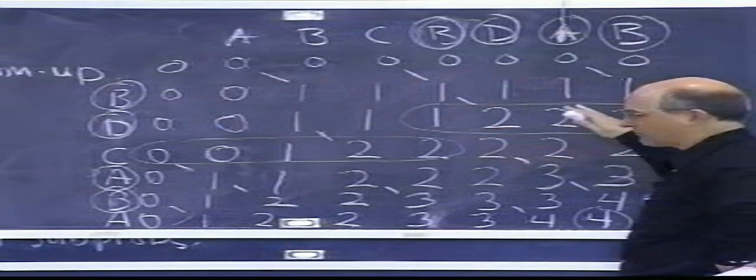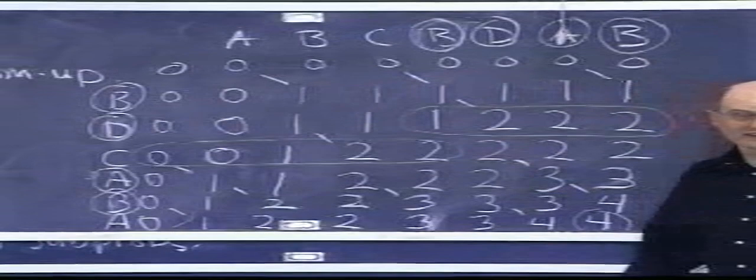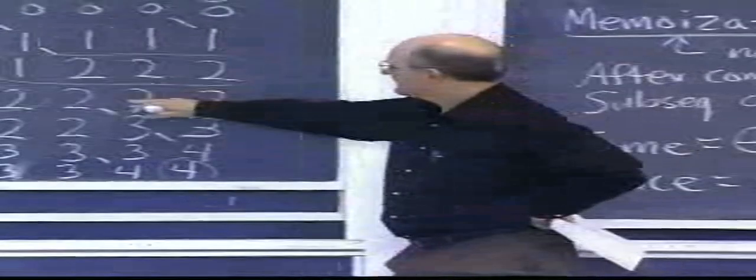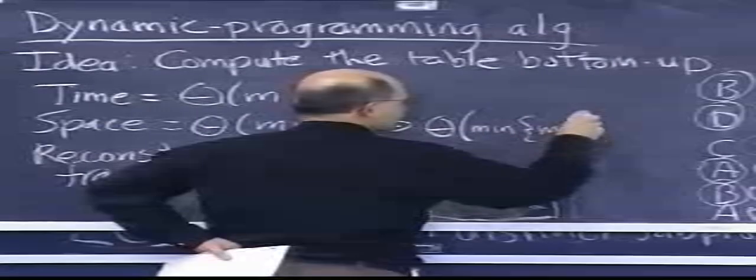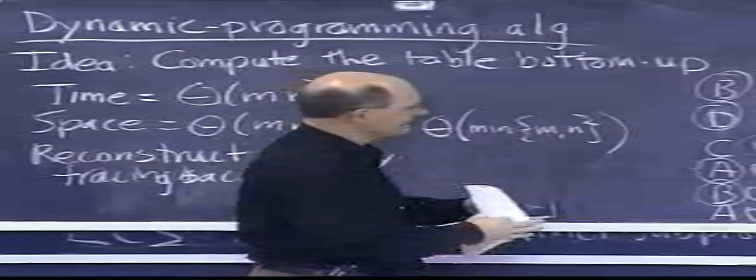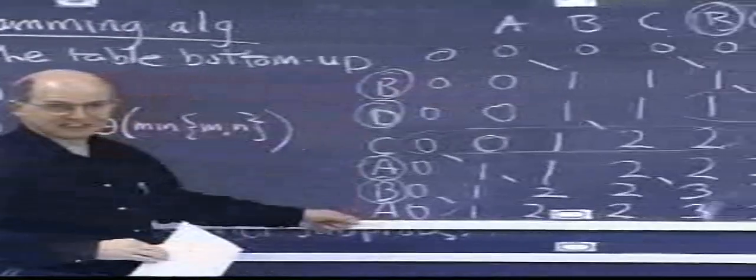So a good exercise, actually. Also, I'm doing this the wrong way because, in fact, this space actually can go to theta of the min of m and n. Because why not just do it in the direction of the shorter dimension?